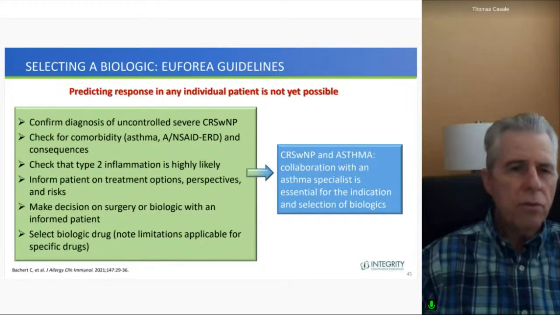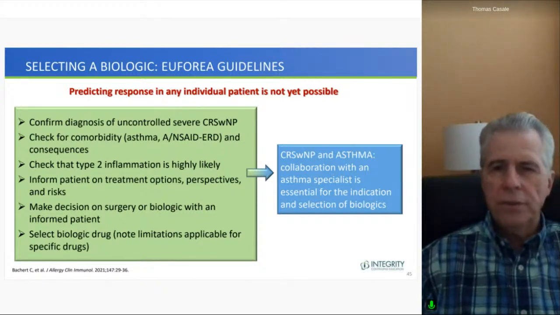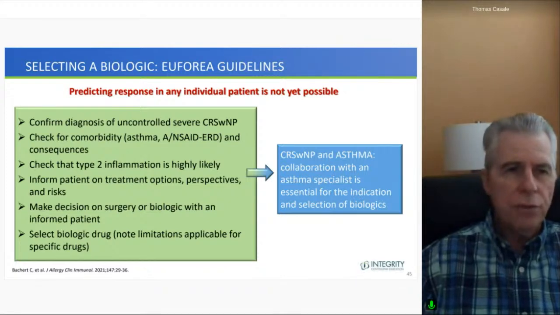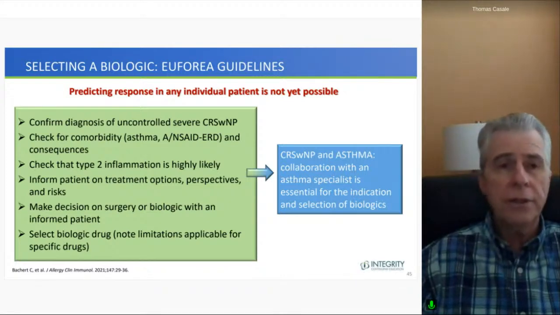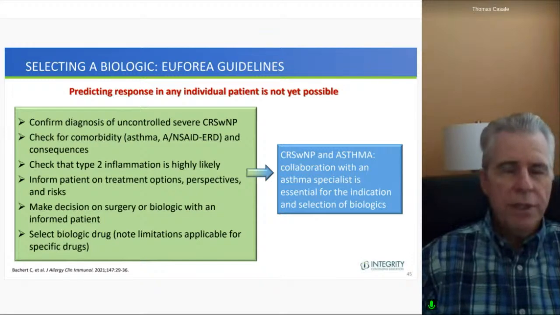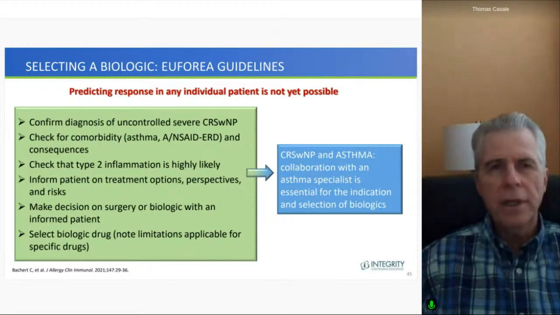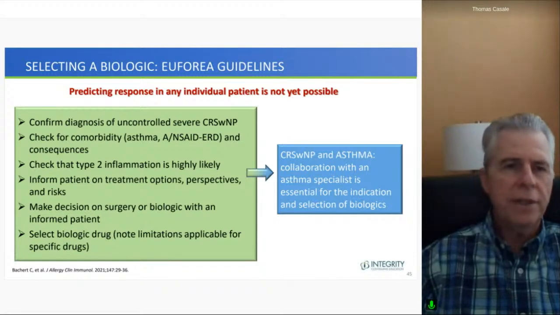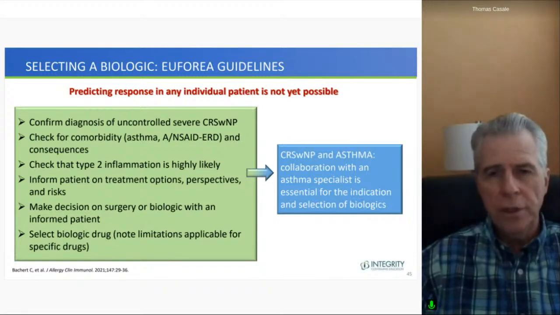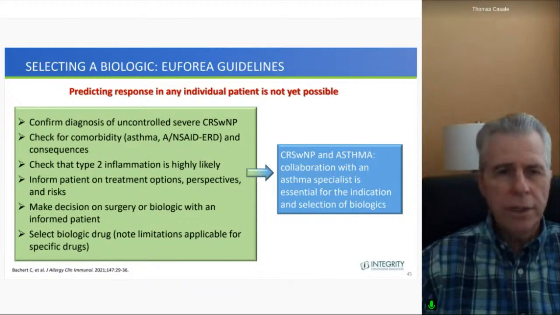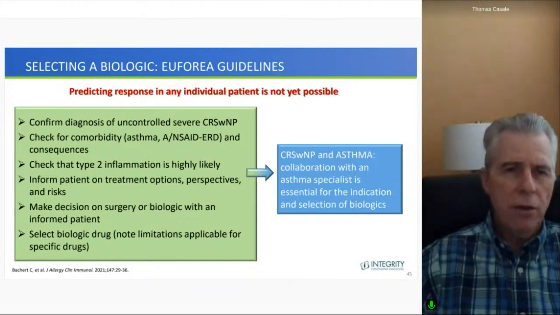And also, you as a clinician will have to make that decision as to which of the three biologics you're going to pick. We don't have head-to-head studies of these three biologics. There will be some head-to-head studies coming out in the near future, but right now it's going to be a judgment call.